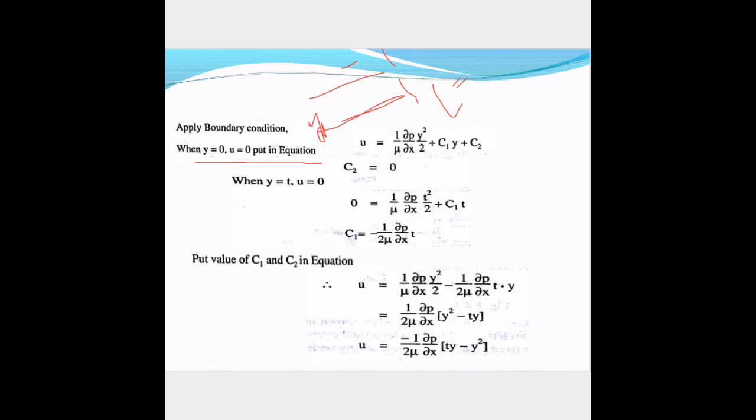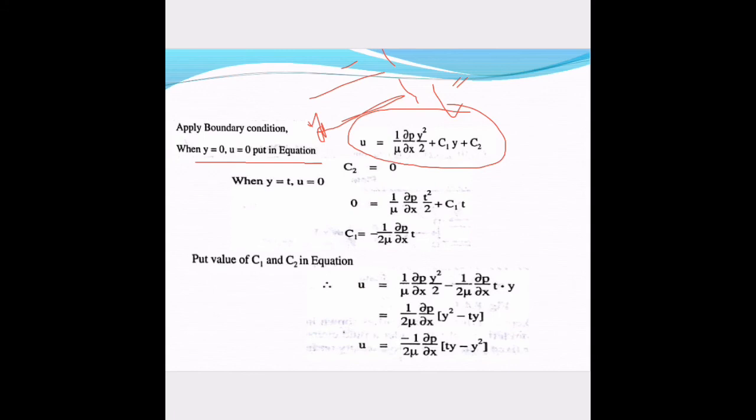And in the second condition, if you put y equal to t and u equal to 0, then your equation will be 0 equal to 1 by mu del p by del x t square divided by 2 plus C1 t.